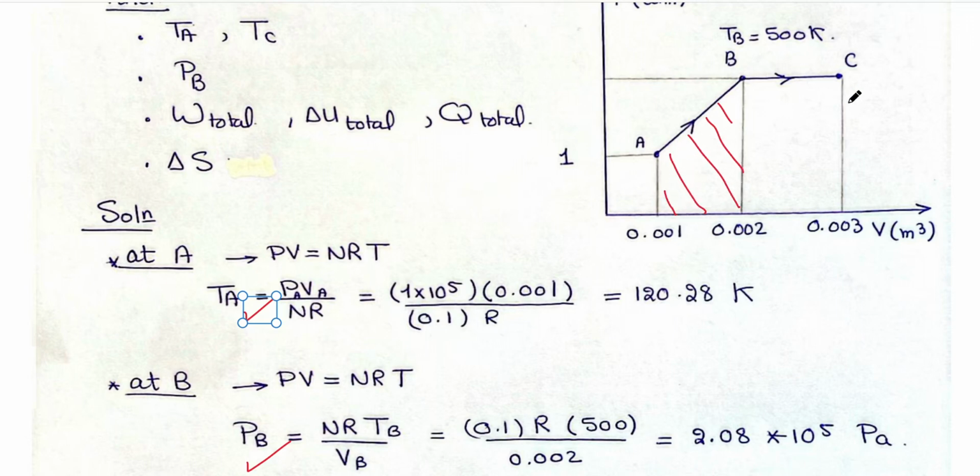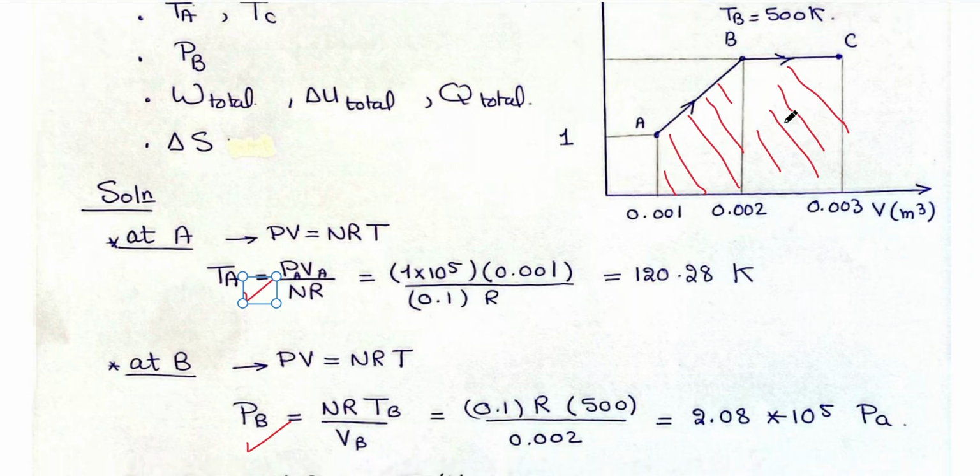When you are calculating from B to C, this is the area. So for the total work, you add this and you add this. As for the change in internal energy, you can get the change in internal energy directly, or you can get this and add. As for the Q, just substitute in the first law of thermodynamics. It's the addition of change in internal energy and the work done.